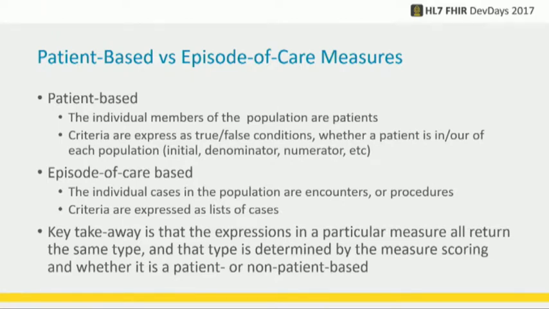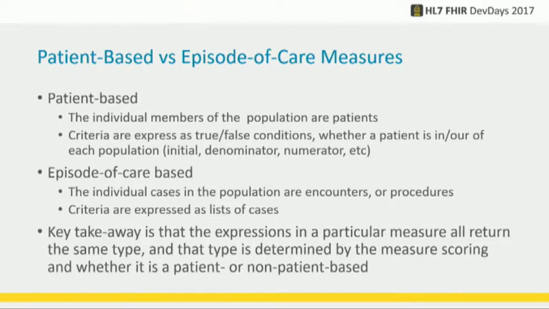So even though you're generally patient-focused, the actual elements or cases in your quality measure may be defined by an encounter. Maybe you want to see that on all encounters a particular procedure was performed. And so what you're actually counting may not be patients, and so that will affect what your score is.